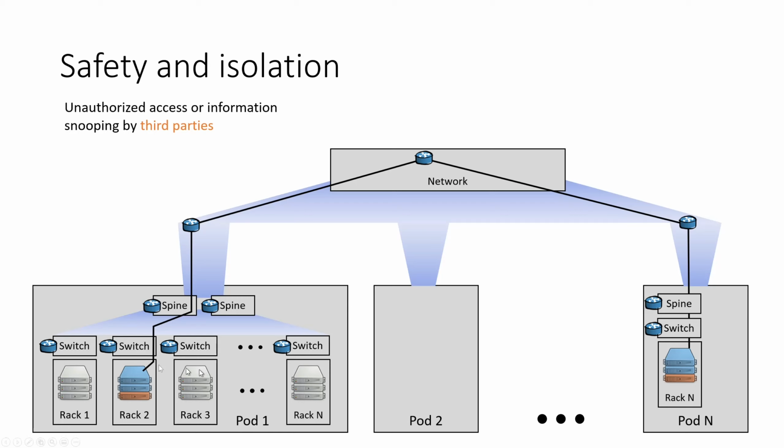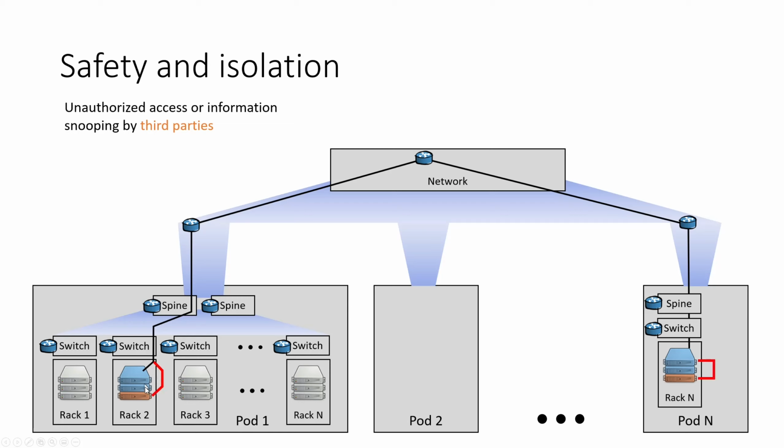For example, if another tenant on the cloud gets a virtual machine on the same rack as our virtual machines, we don't want this tenant, which might be a competitor or some malicious agent trying to extract information or crash our application, to be able to communicate with our service.